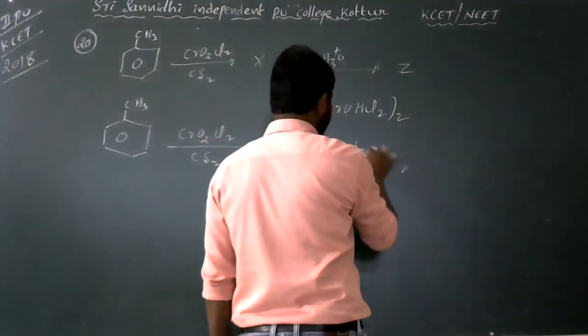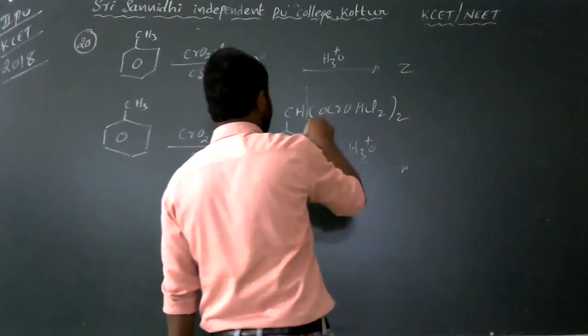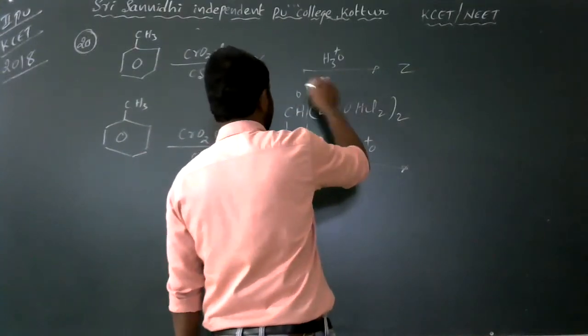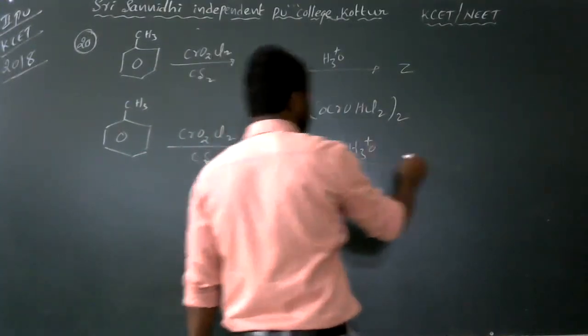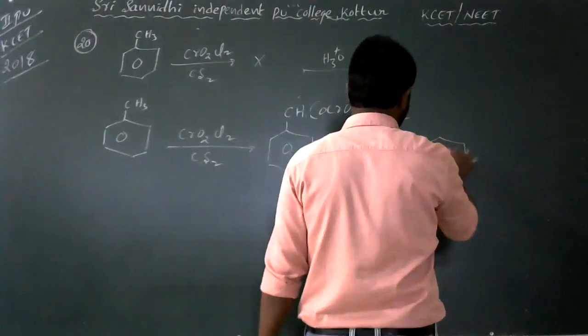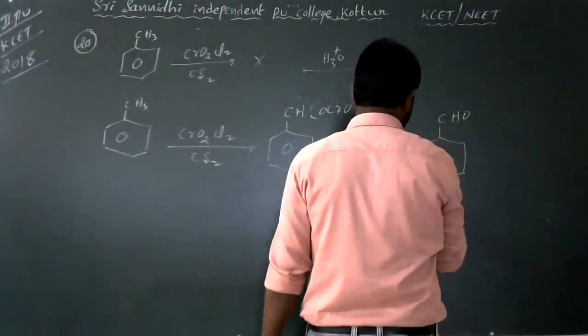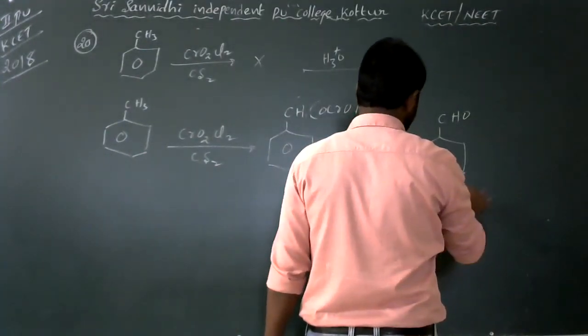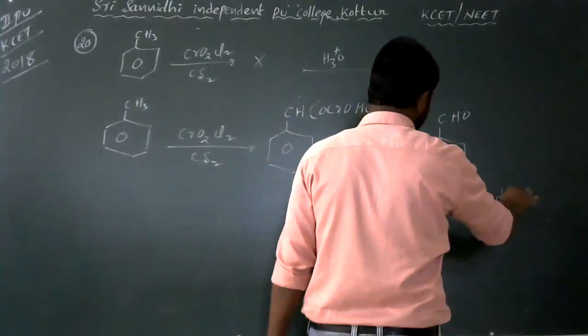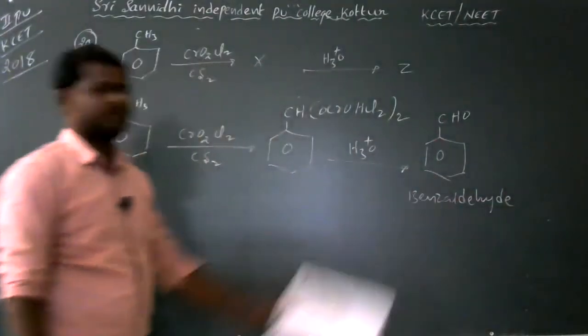On hydrolysis with H3O+, addition of water takes place and benzaldehyde is formed directly. Benzaldehyde is the product, which is the answer.